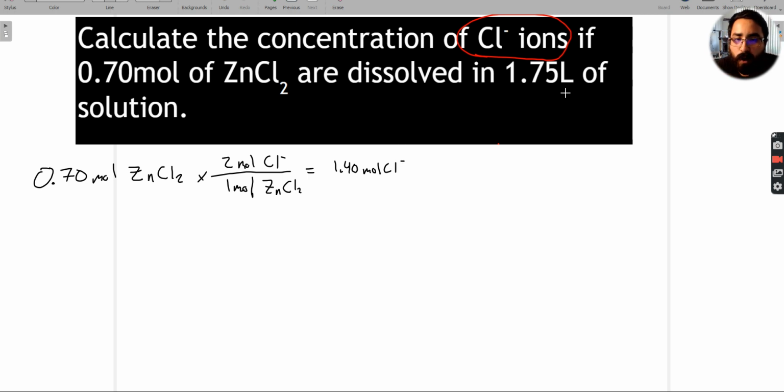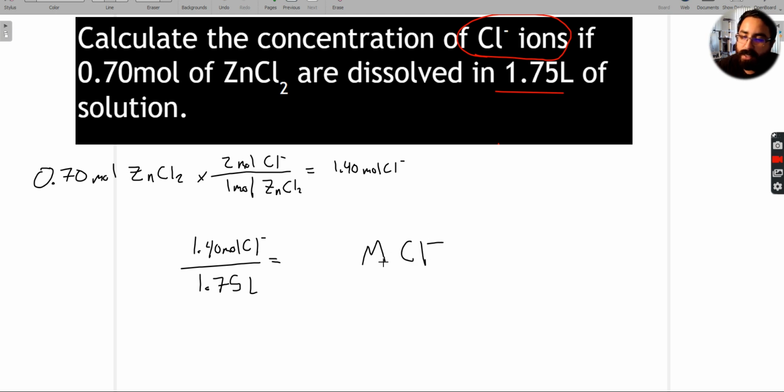And now we know the volume. We know the volume of solution, so we can calculate the concentration of chlorine in solution. All right. So we got 1.40 moles of Cl minus divided by 1.75 liters. And this is going to be big M of Cl minus.